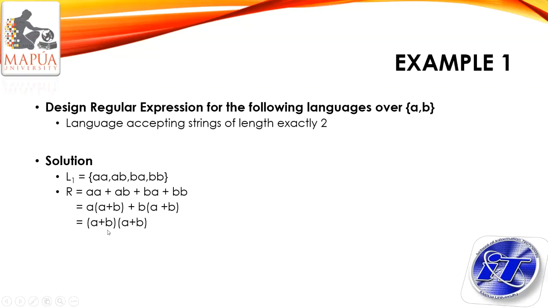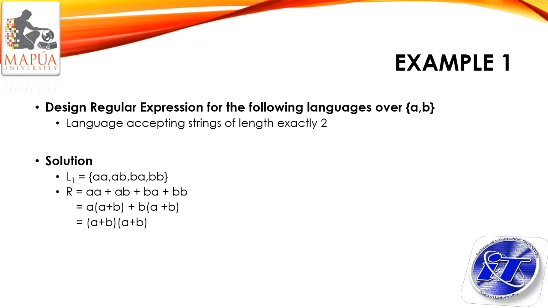The first term represents the first symbol. It could be either A or B, concatenated with the second symbol, which could also be either A or B. So this is the better regular expression compared with the first regular expression, because it really represents the length exactly 2. This is the better way of representing the language: A union B concatenate with A union B.